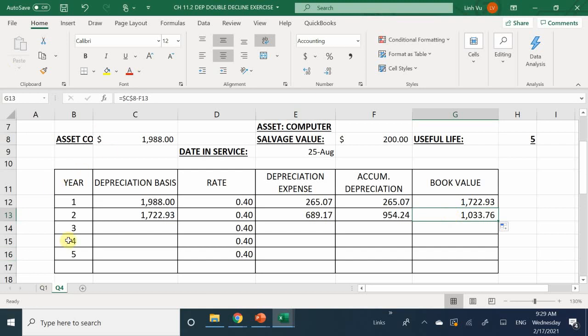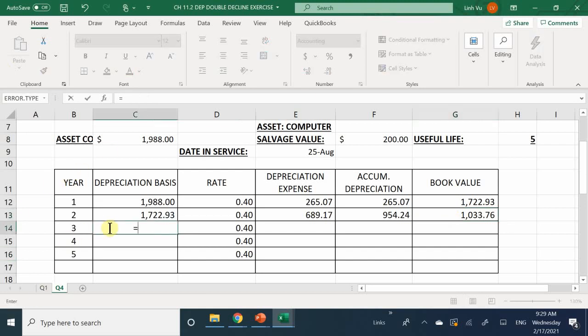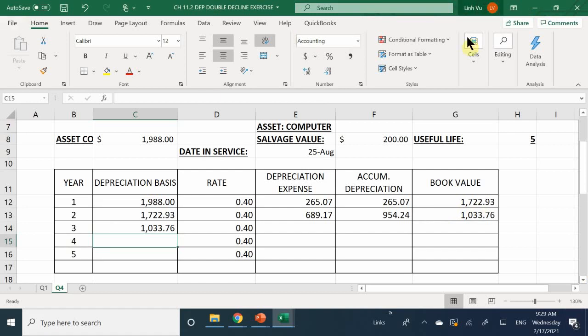So good. Now the beginning of the year book value for year 3 is going to be 1033.76. So now, what is 40% of that? 413.50.